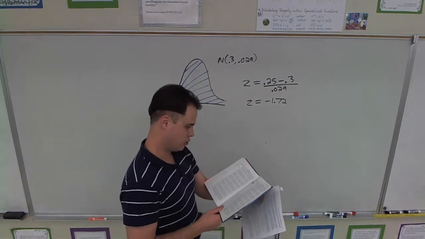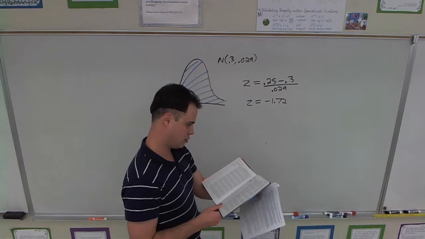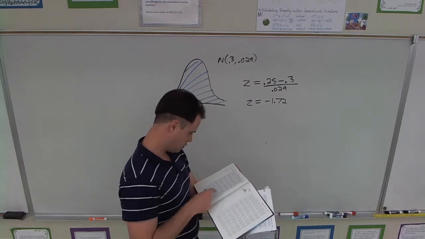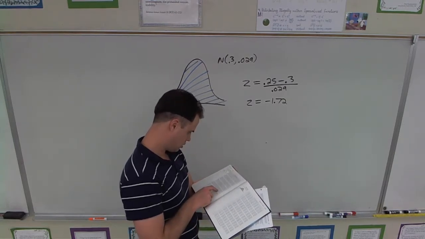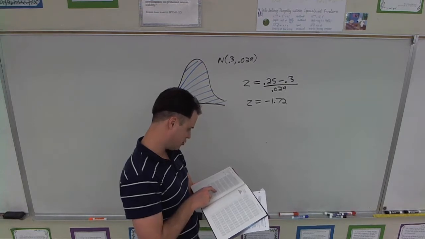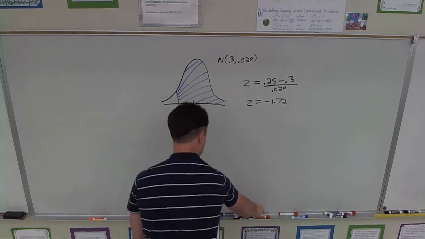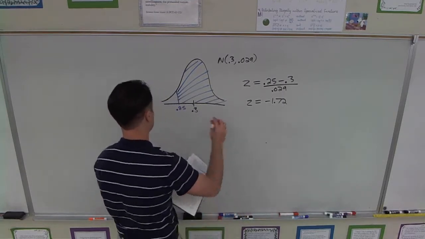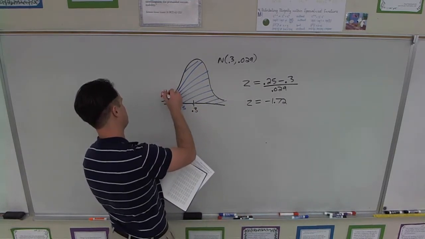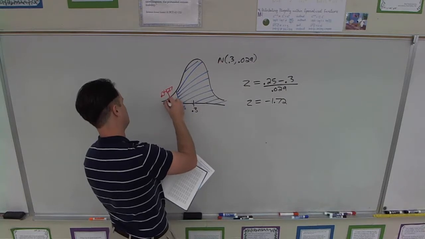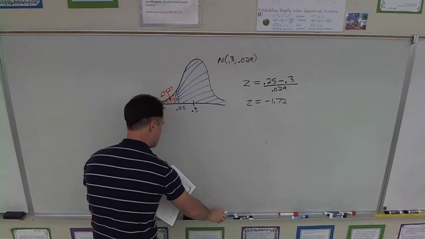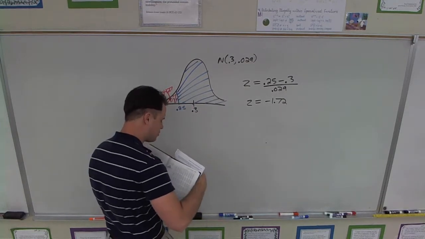So on the back of my book, I found negative 1.72 gives me about 0.0427. That makes sense for this area right here. So I'm just going to put it on the curve right there, since I know that's what it might represent, 0.0427. That's this little shaded area right here, which of course is not what I was asked to find.